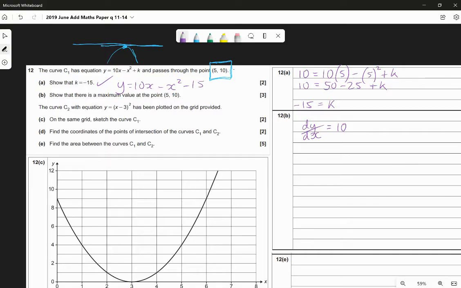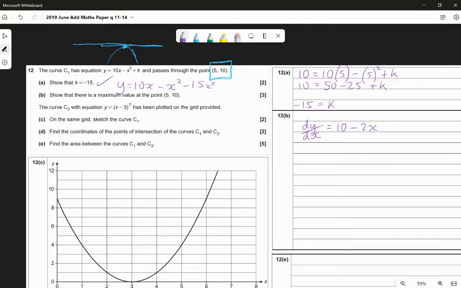Negative x squared differentiates to minus 2 lots of x to the power of 1, so just minus 2x. And then minus 15 differentiates to 0, because minus 15 is in effect minus 15x to the power of 0. And when that power 0 comes in front, 0 times negative 15 is 0. So any constant will differentiate to 0.